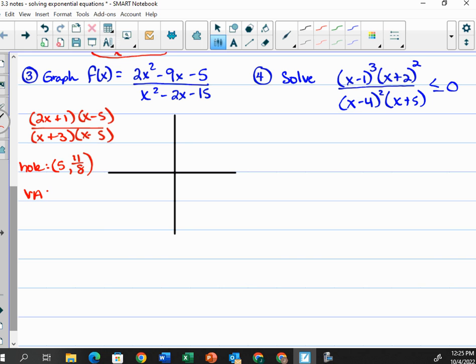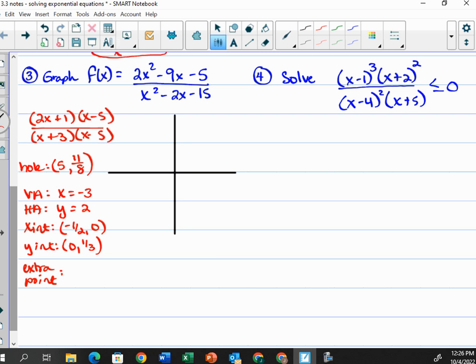Vertical asymptote. Good. Horizontal asymptote. Good. Let's see, x-intercept. 0, y-intercept. Good. We're probably going to need an extra point, but we'll wait just a second here.